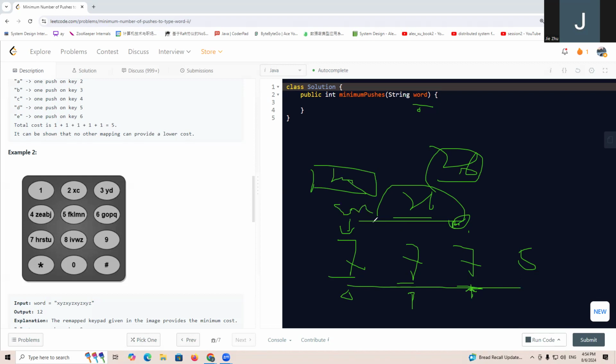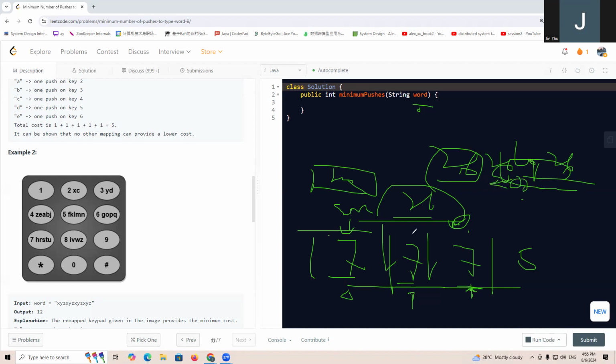Using a quick select is not that meaningful, because it's 26 log 26 versus linear 26, which does not make much difference.